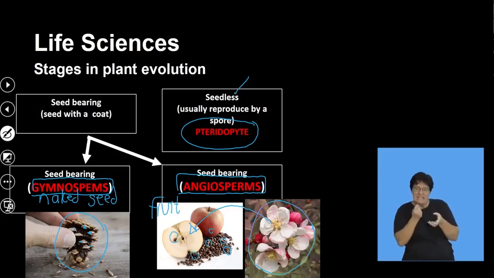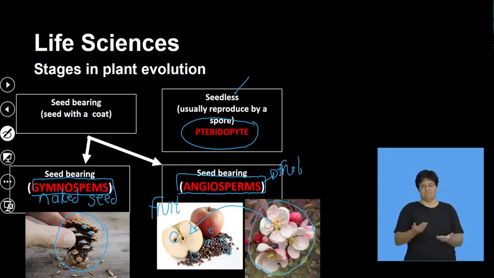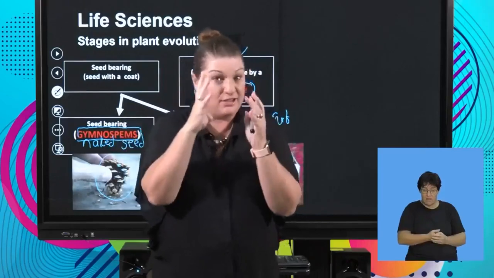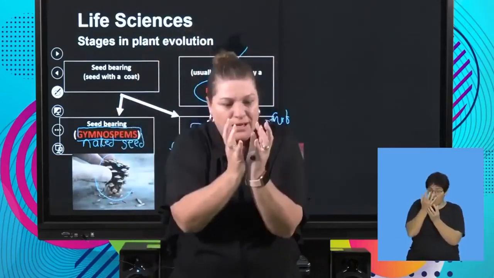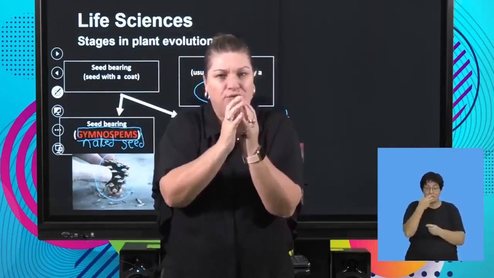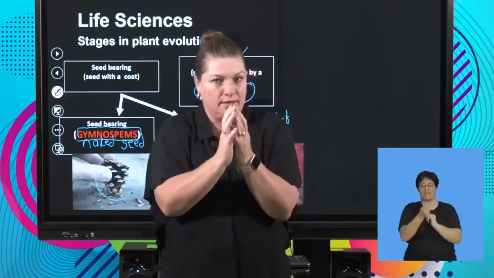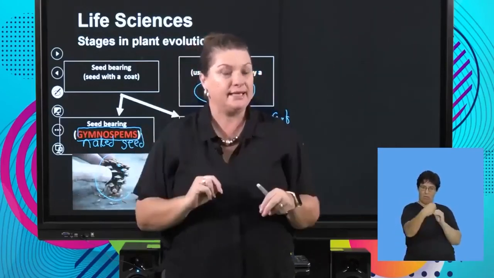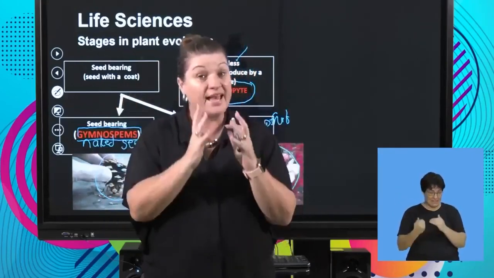Some of the angiosperms are able to produce fruit. So their flower is going to become the fruit. They're going to attract the pollinators. It becomes a fruit inside there. And what's inside the fruit? The seeds, protected inside, rather than the naked seeds out on the cone, which might not be as safe.